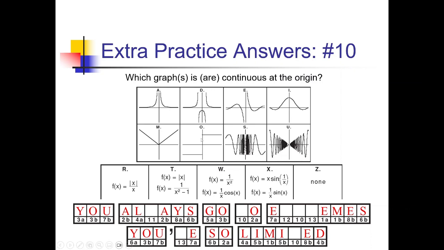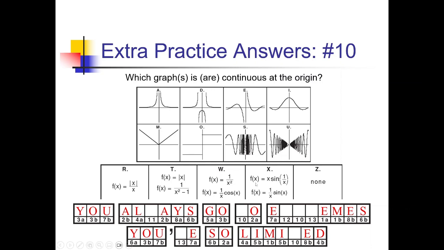O, not so much. We have a jump. S, there was no limit for this one. And U did have a limit, so I think that's continuous. But maybe not actually, right? This was x times the sine of 1 over x. So that actually would be undefined if you plug 0 in.